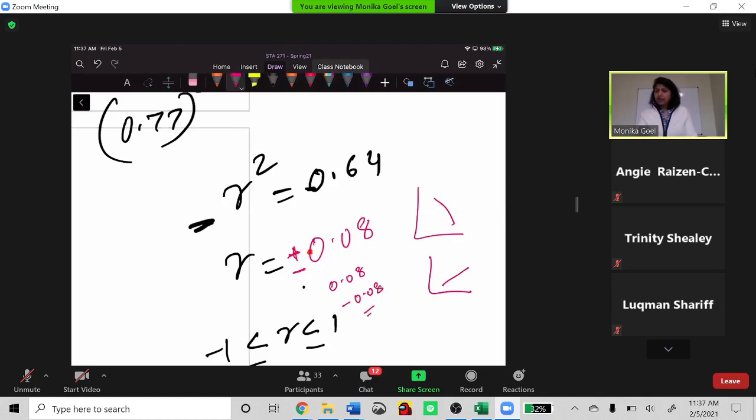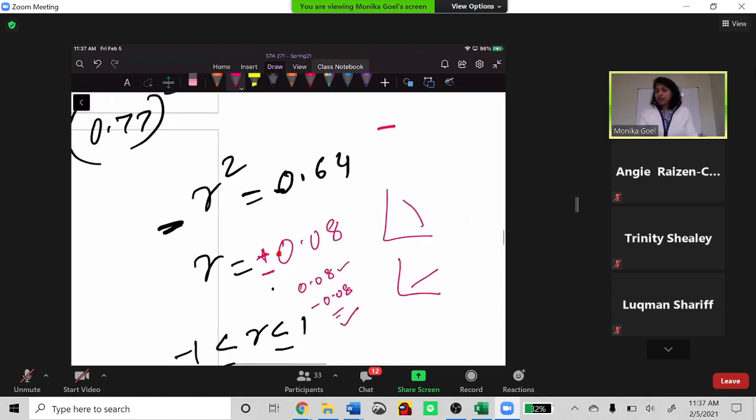If we have no other information, look for the value of the slope. If you have a negative slope, then pick the negative value. If you have a positive slope, pick the positive. If you don't have the slope, you must have a scatter plot. So look at the scatter plot. What kind of linear pattern do you see, positive or negative? What is the form? And then accordingly you decide.